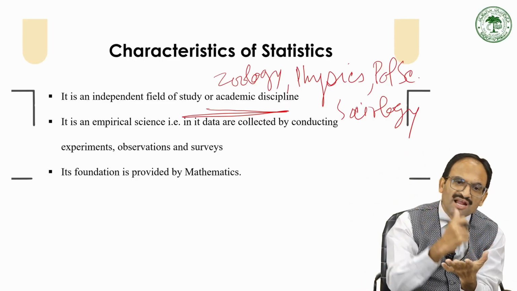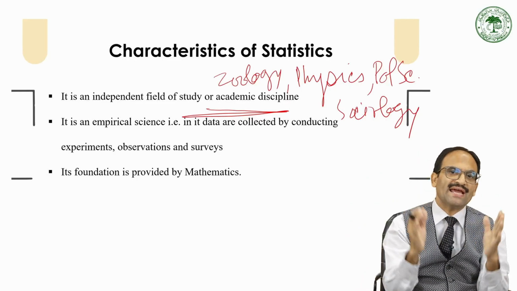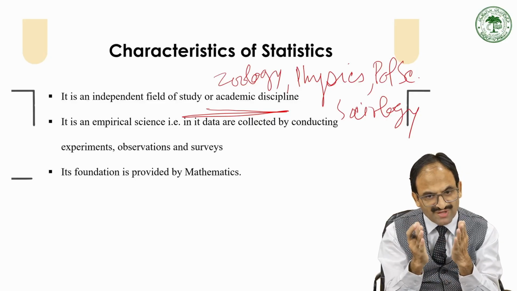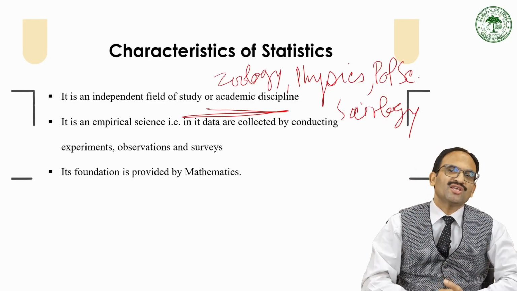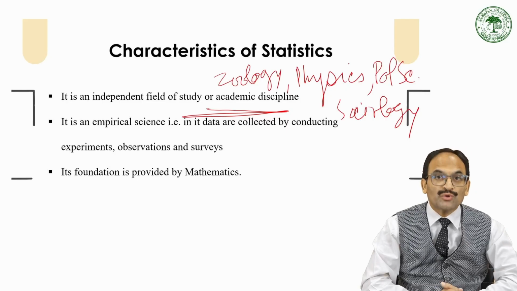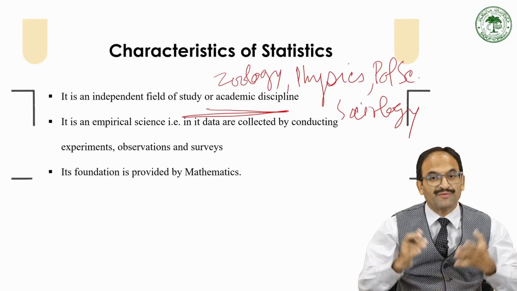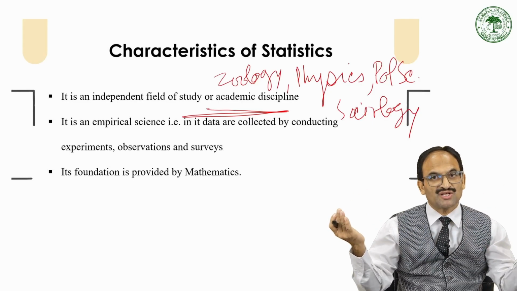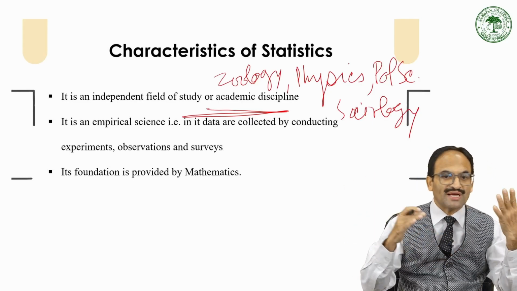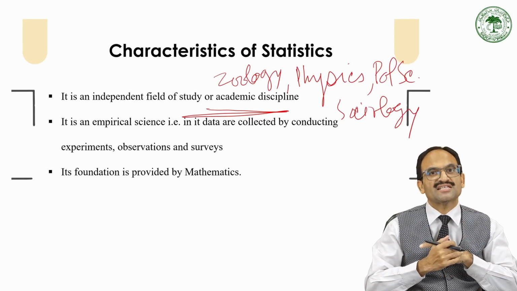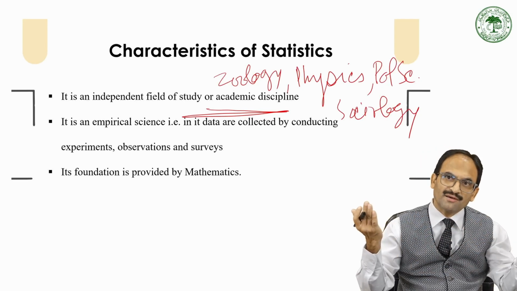The foundation of statistics by and large is provided by mathematics, and if you see the history, you will find all those people who have contributed to the field of statistics were basically mathematicians. So, in that way you can say that the very foundation of statistics is provided by mathematics.